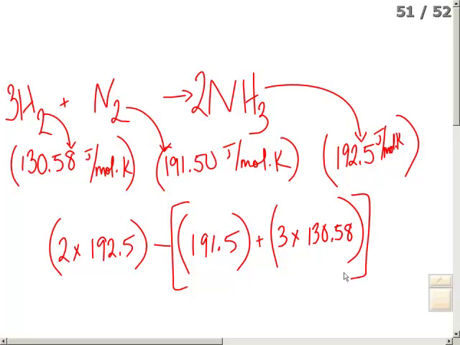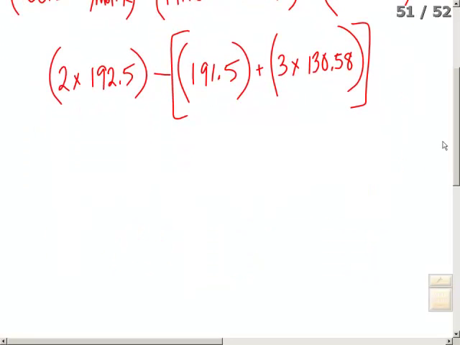And obviously at this point we need to switch gears and grab a calculator. Alright, first thing I'm going to do is the stuff inside of the parentheses here. 3 times 130.58. Alright, we're going to add that to the 191.5. The total value of everything in the brackets here is 583.24.